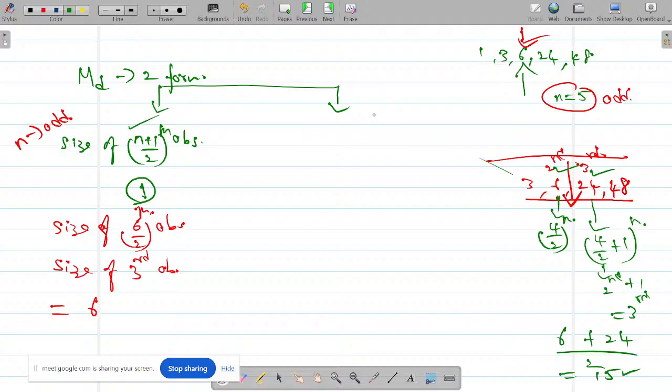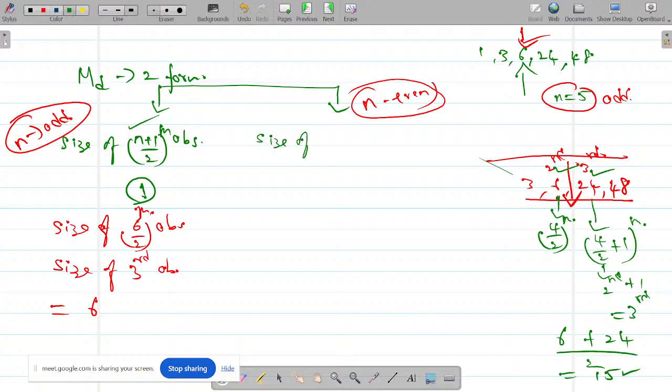When n is odd, this is the formula. When n is even, any formula you use, you'll definitely get the answer. But if you are asked to pick the formula in options A, B, C, D, they are asking which formula is applicable for which case. Then we have to understand this concept. So when n is even, the formula is the average of the n by 2th observation and the n by 2 plus 1th observation.